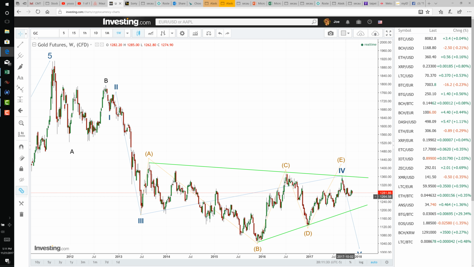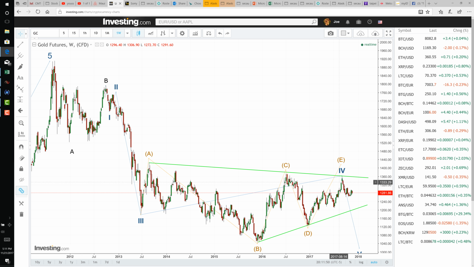On the flip side, if this is not a triangle, it will be invalidated once it goes above this particular high, and this high is currently at roughly 1370, a few pips higher than that. This high stopped at nearly 1360 or 50 or whatever.